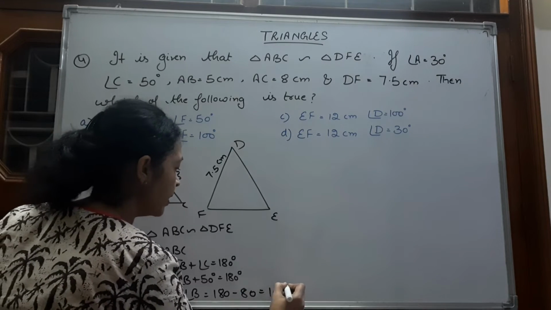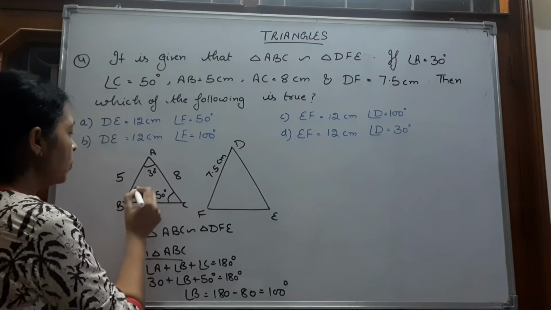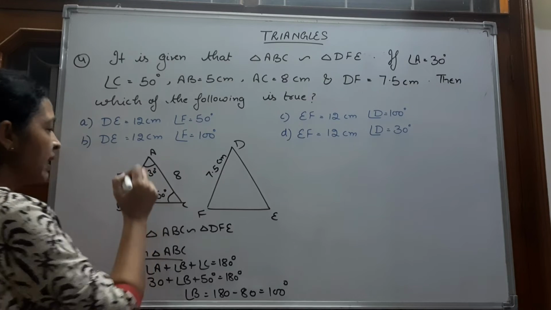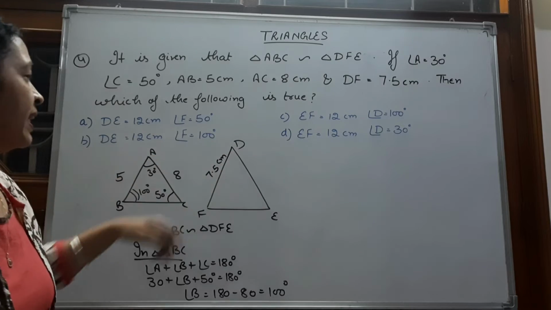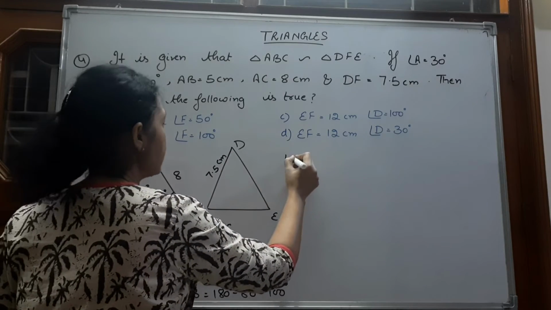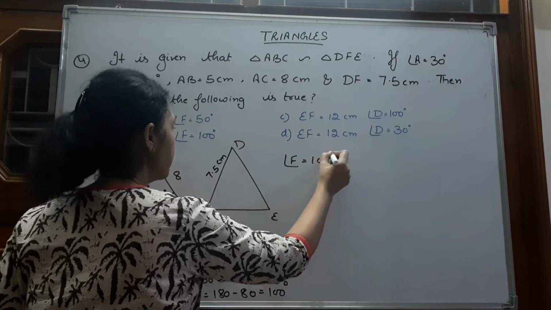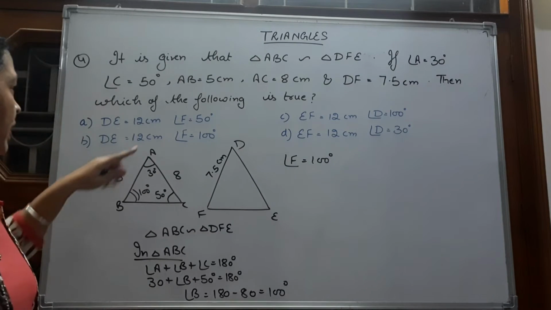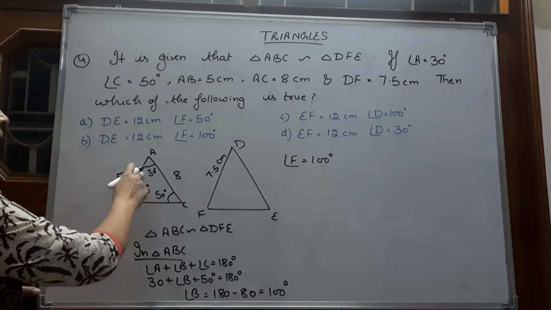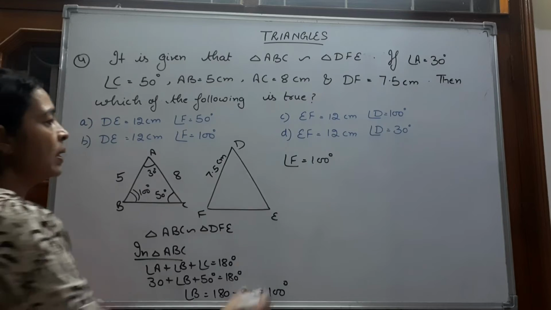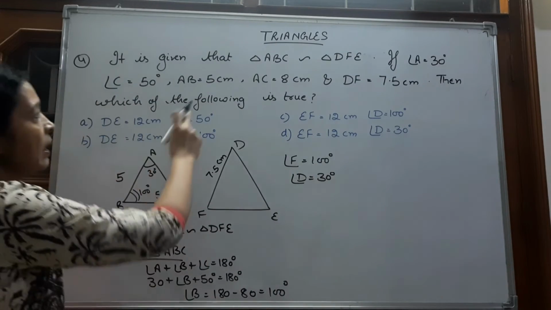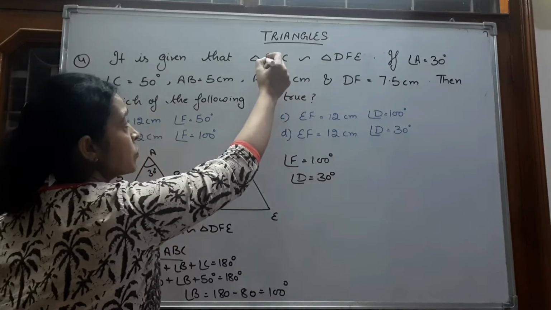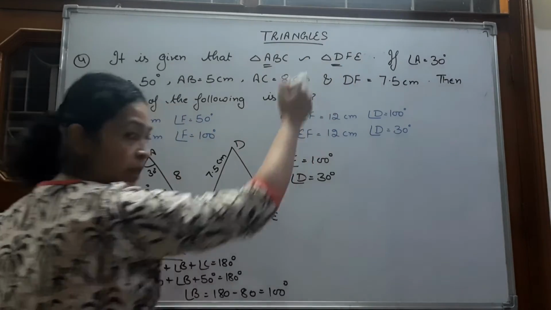We have 100 degrees. Now if ABC is similar to DFE, angle F will be equal to 100 degrees. And angle A and angle D must be equal, so angle D must be equal to 30 degrees.